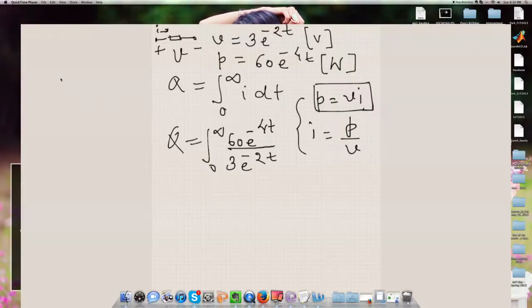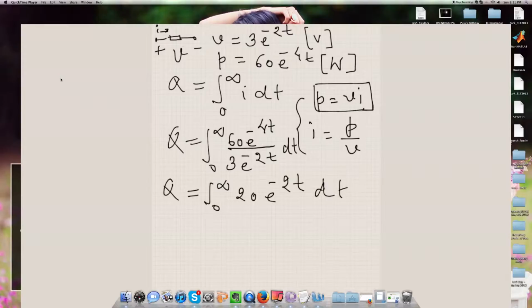So basically we have the power expression divided by the voltage expression to give the current I. Then we also have the variable dt. As we simplify this, it's primarily 60 over 3, which is 20, e to the minus 4t on the top, e to the minus 2t on the bottom. So that gives us a balance of e to the minus 2t dt.